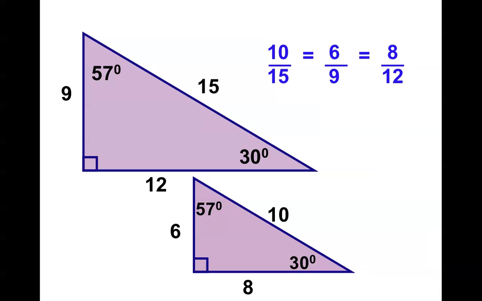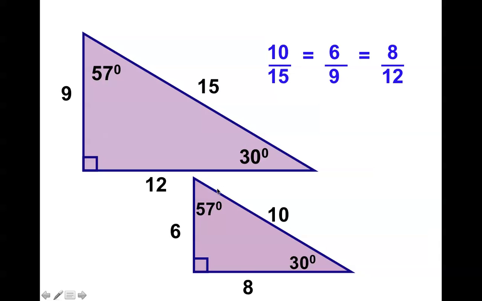If I look at my sides, I have my little numbers, 10, 6, and 8 for my numerator, and my large triangle numbers for my denominator, 15, 9, and 12. The hypotenuse for the small triangle is a 10, and the number that corresponds is the hypotenuse for the large triangle, the 15.